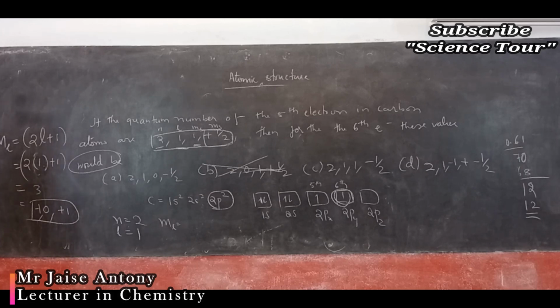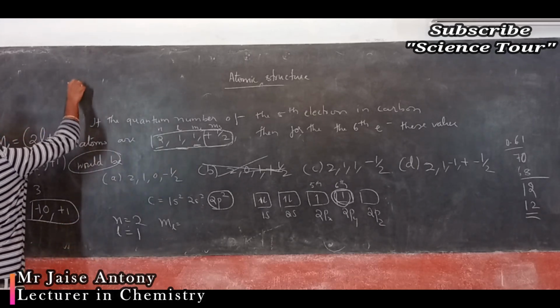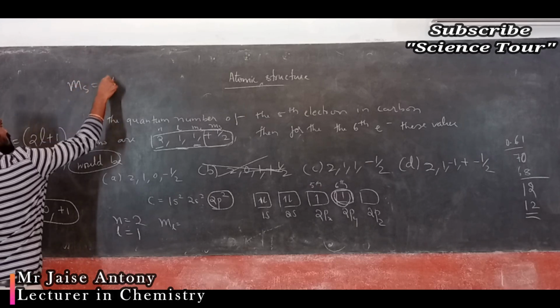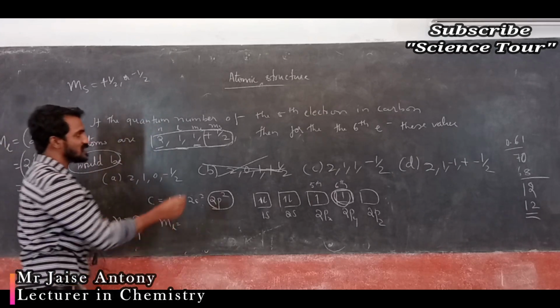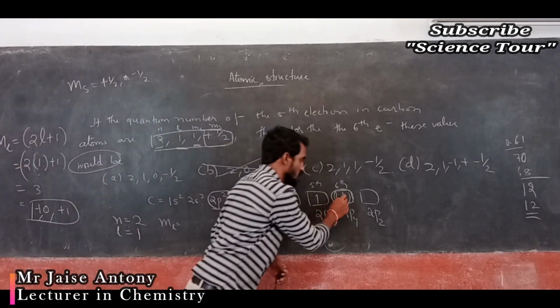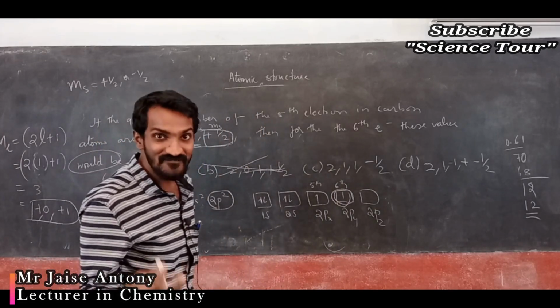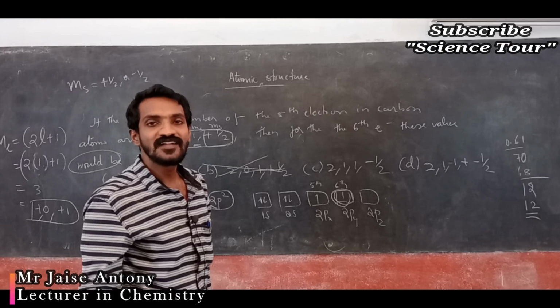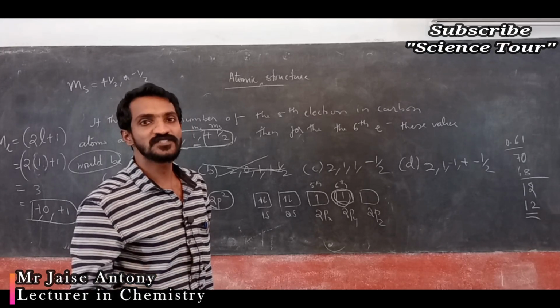Last final one is spin, m s. m s may be plus half or minus half. But here for 5th electron plus half is given, my dear students. For 6th electron, it should be plus or minus half. It is not minus half.